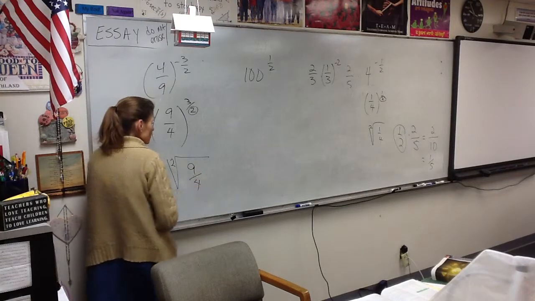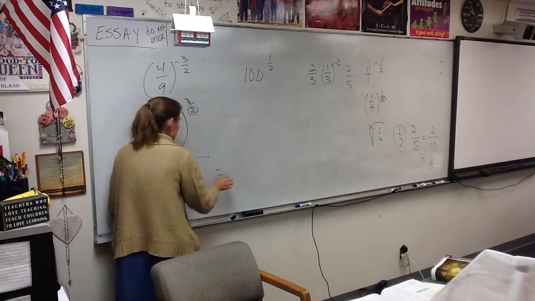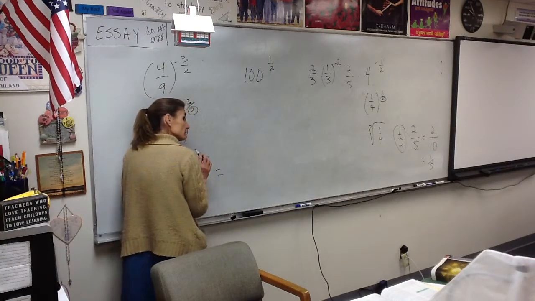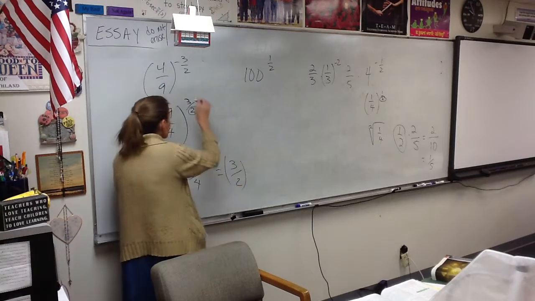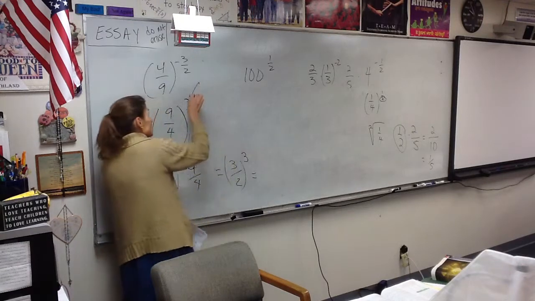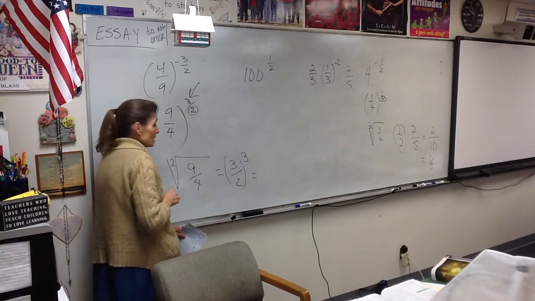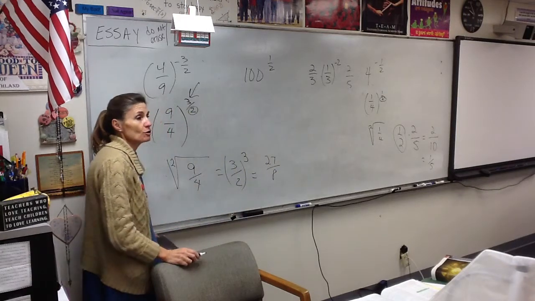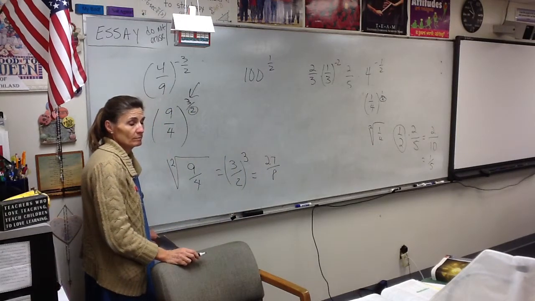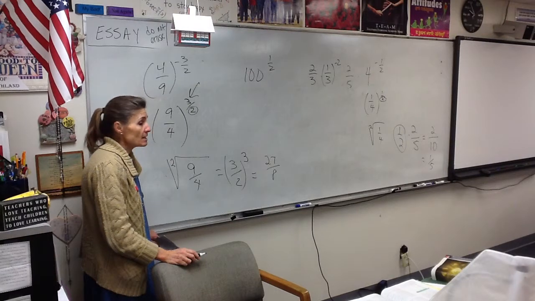So the square root of 9/4 is 3/2. But I need to cube that because of this guy right here. So my answer is 27/8. 3 cubed over 2 cubed. Any question about that?